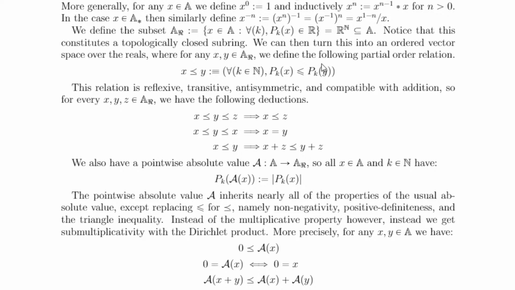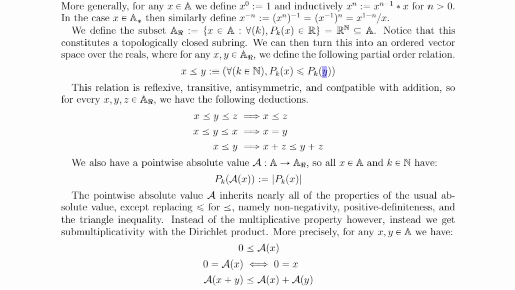So what we're going to do is define a partial order relation. It's this little precedes relation. We'll say x precedes or equals y. This relation is equivalent to the statement that on every index, so on every k in our natural numbers, the projection of x is less than or equal to the projection of y. We can sort of think about that like cones almost.